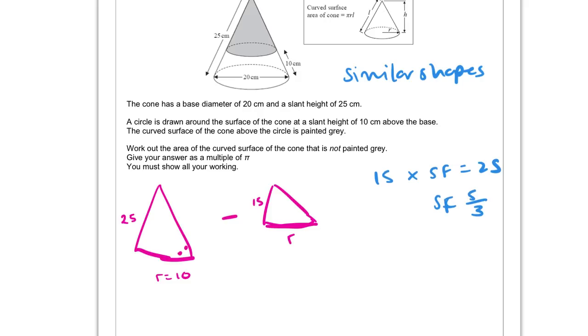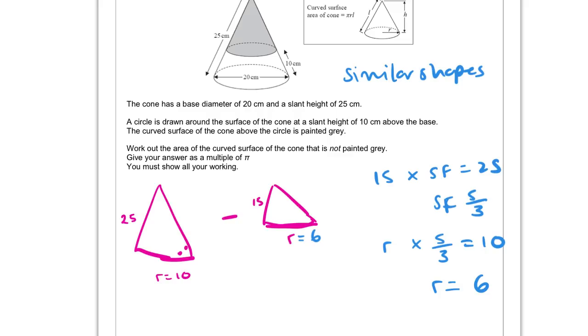So if my radius is 10, my radius of my small one times 5 over 3 is going to give me the radius of the big one, which is 10. If I multiply by 3 and divide by 5, or divide by 5 over 3, my radius is 6. So I know the radius of the small one is 6.